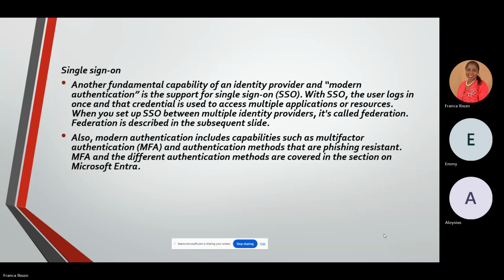Just remember that with single sign-on, you log in once, and that credential is used to access multiple applications or resources. Like if you're signing in to Facebook, you could even use your Google account, because once you sign up with Google, it already knows your credentials.